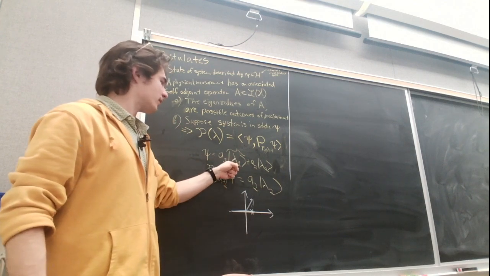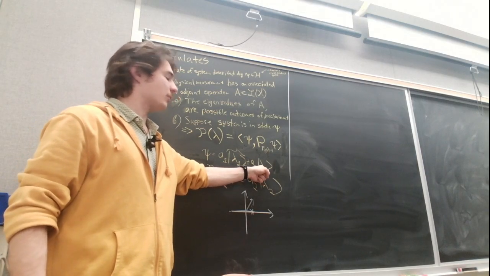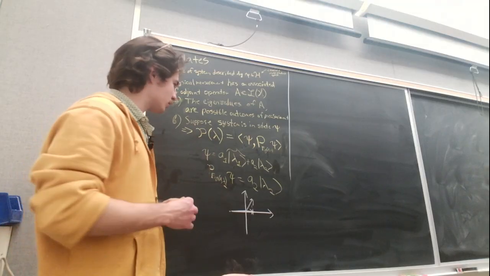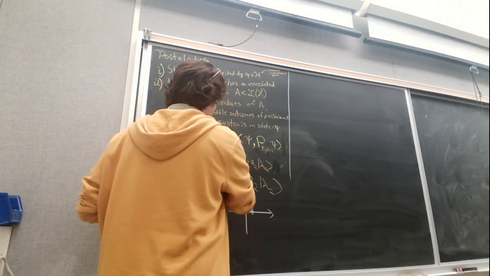So suppose this is the eigenvector of A with eigenvalue lambda 1, and this is the eigenvector of A with eigenvalue lambda 2. Okay, this is the notation I have.